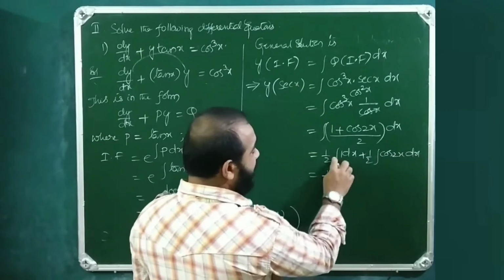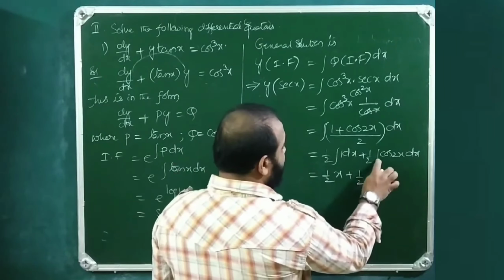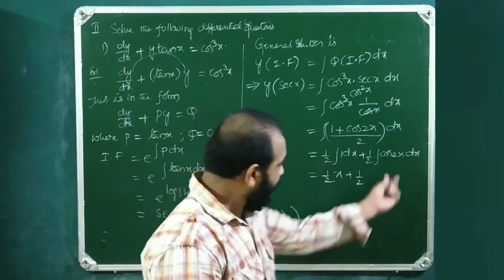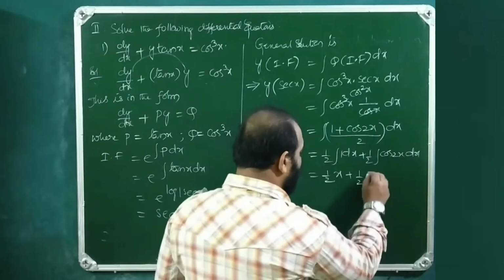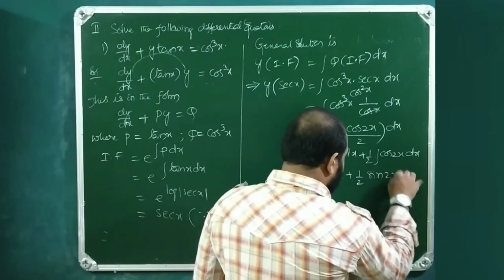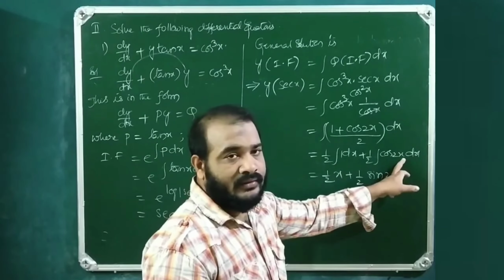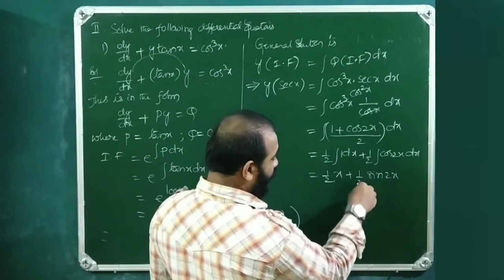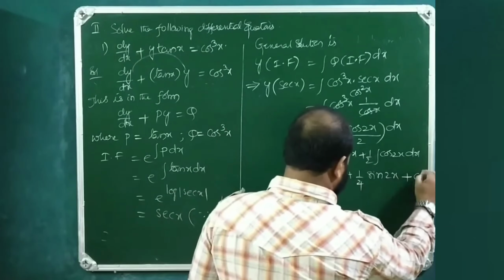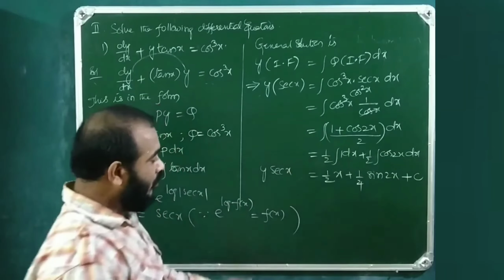So 1 by 2 integral 1 dx is x by 2, plus 1 by 2 integral cos 2x. Let us suppose 2x is a variable; integral cos is sin, so sin 2x, divided by the derivative of 2x, which is 2, so 2 into 2 is 4, plus constant of integration c. So y secant x is equal to this.